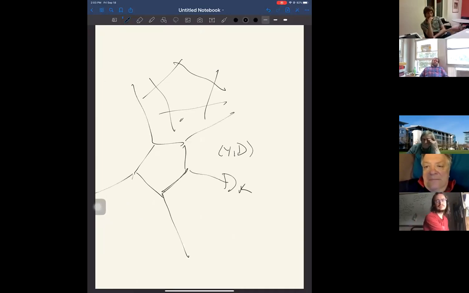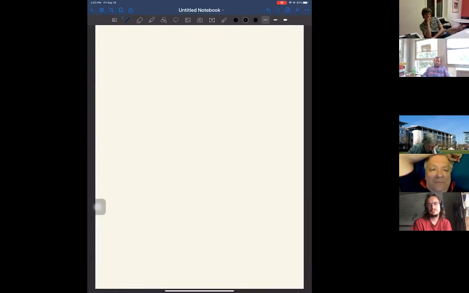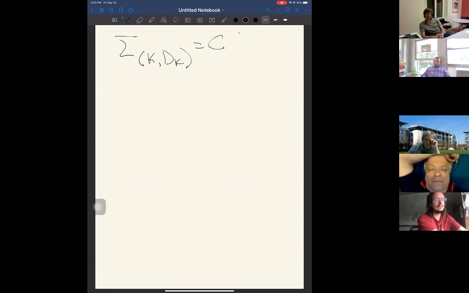Notice what its dual complex looks like. It looks like a polygon with one interior lattice point. And that's what's true here. So actually, if we look at this fan in this case of K with this DK, that's abstractly a cone over a polytope.